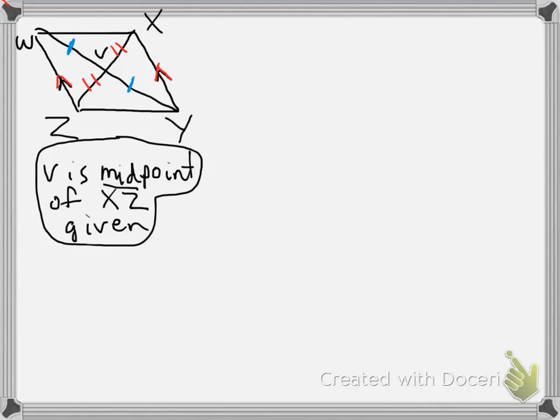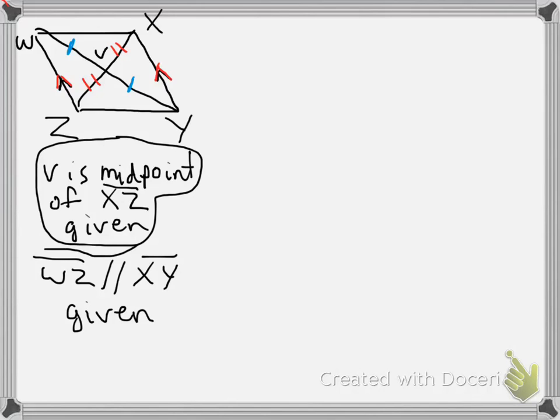We also know that segment WZ is parallel to XY because it was given to us in the problem. So there's our first two givens. Now they don't give us any sides or angles, but let's talk about what the goal might be here.